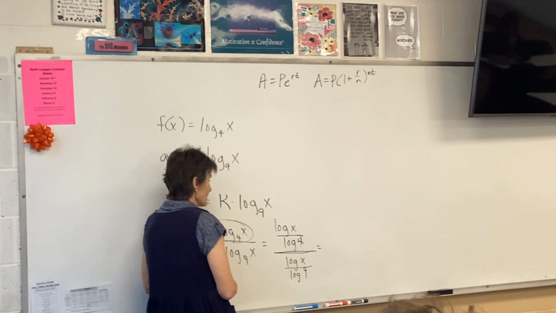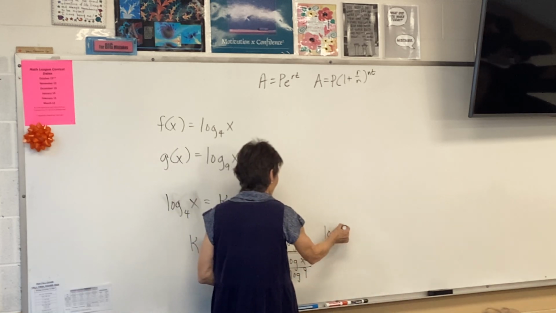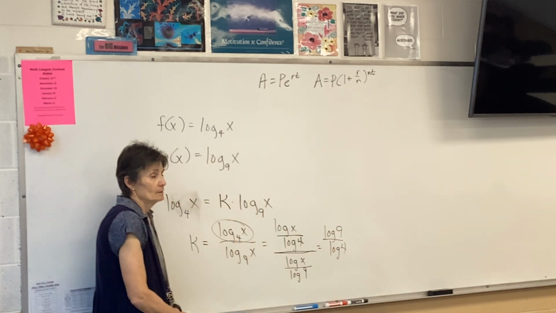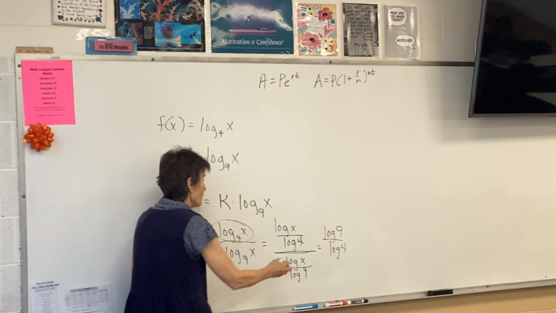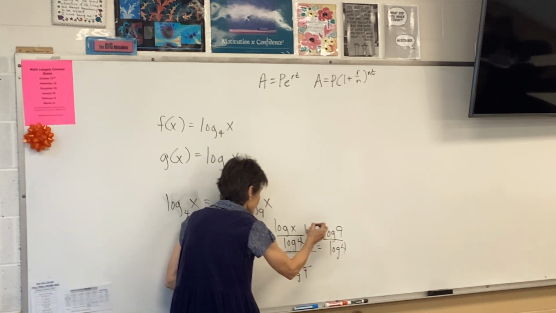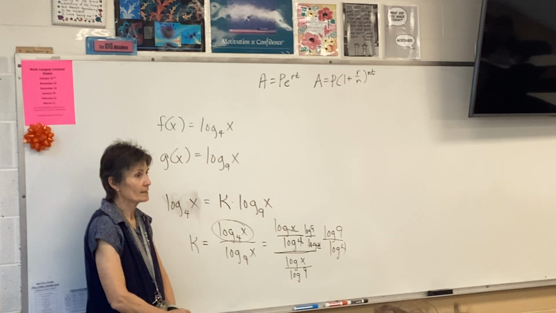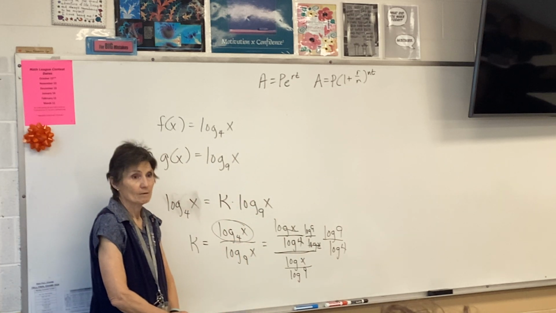So basically, isn't it going to become the log of 9 divided by the log of 4? Let's see some nodding or something here. These are going to cancel, right? So we have the log of 9 over the log of 4.